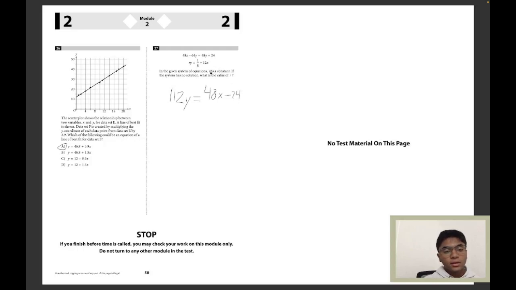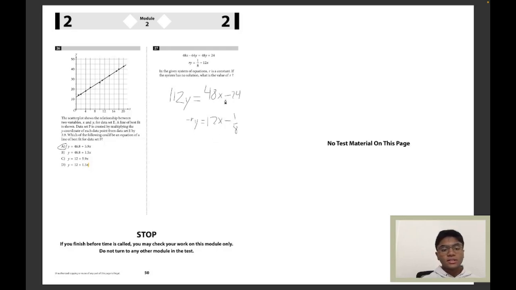And here, again, I'll move around some terms. So I'll get 12x minus 1/8 is equal to negative r y.